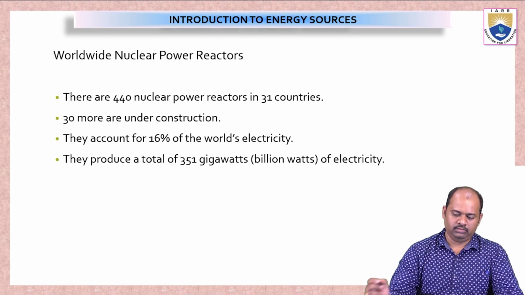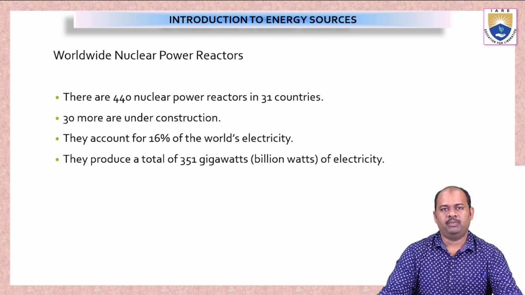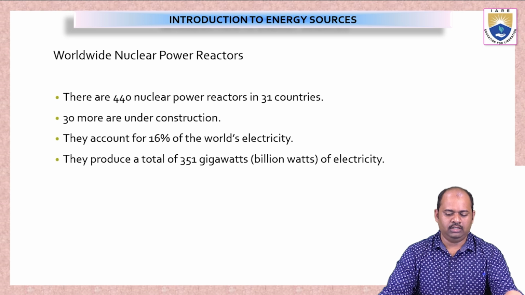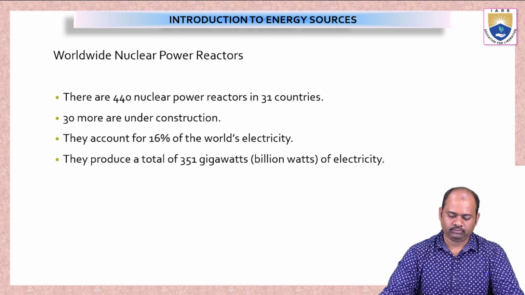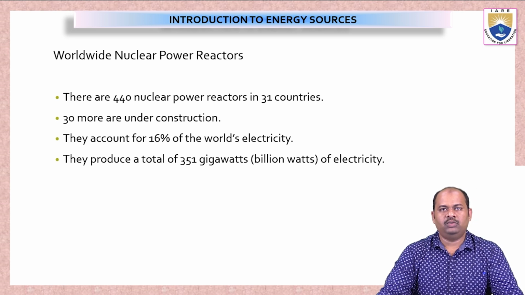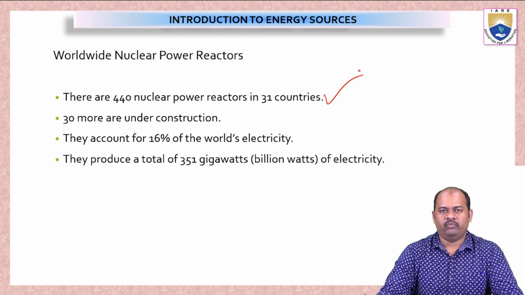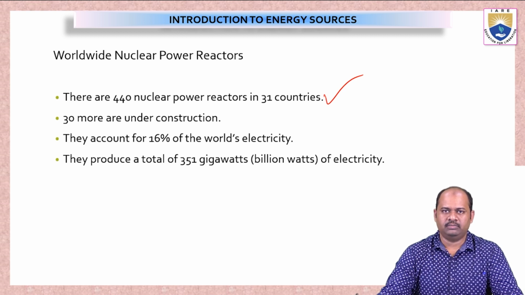Now we'll see the nuclear power reactors. What is the trend of nuclear power reactors in India and the world? There are about 440 nuclear power reactors in 31 countries. We know nuclear energy is one thing where every country wants to show their power by using nuclear energy or nuclear research.